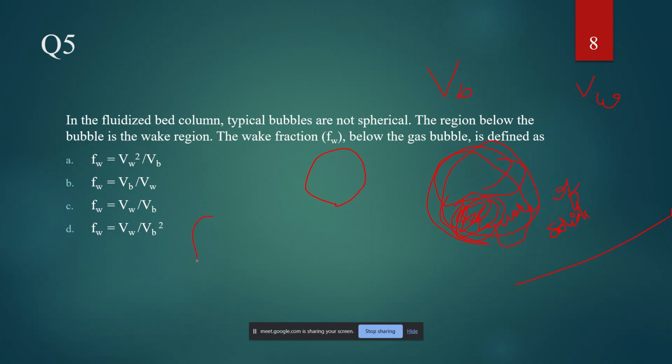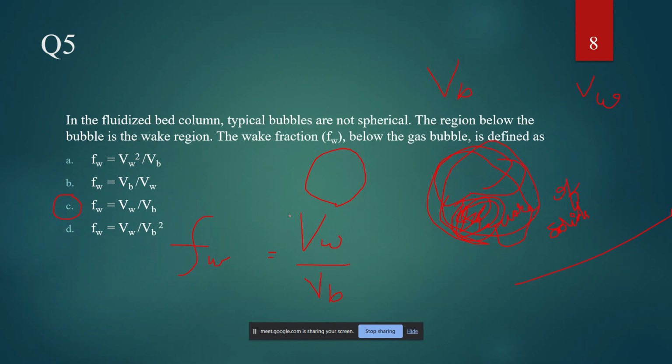So the wake fraction is defined as Fw equal to Vw, the volume of wake, divided by Vb, the volume of bubble. Fw is equal to Vw by Vb is the right answer.